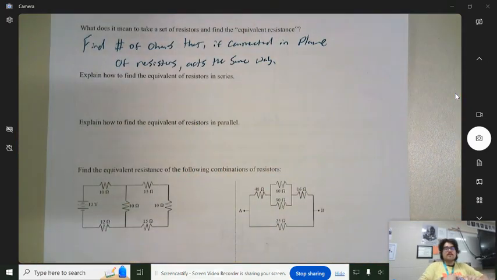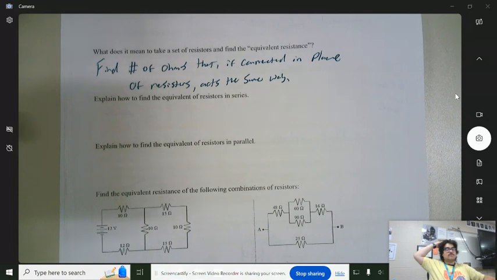So if we were to take every resistor in a circuit and replace it with a single resistor, we want to figure out what the resistance of that resistor would be such that it will cause the circuit to act the same way.